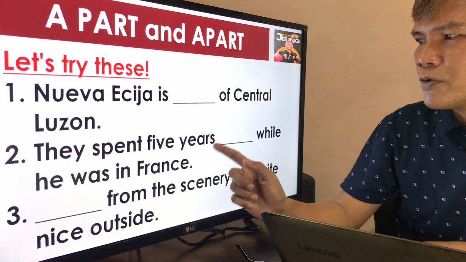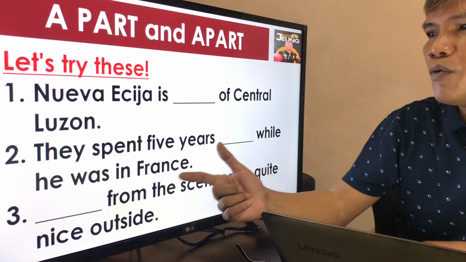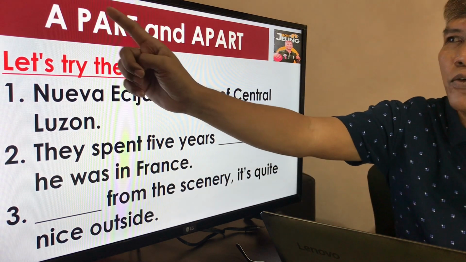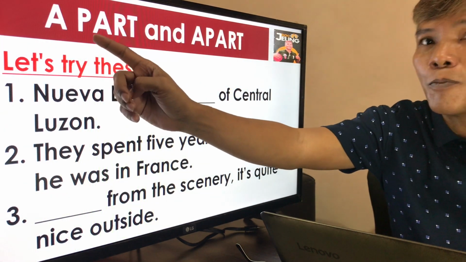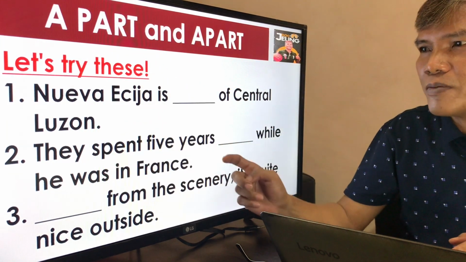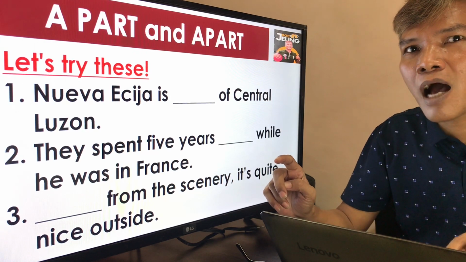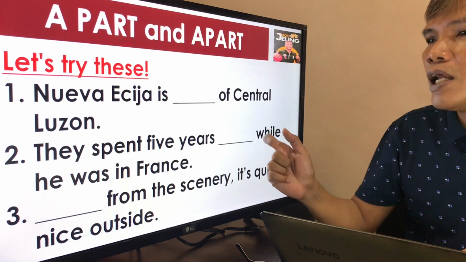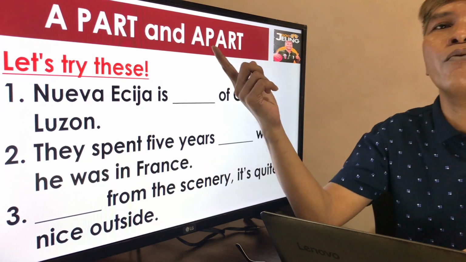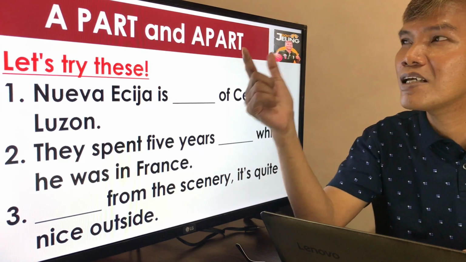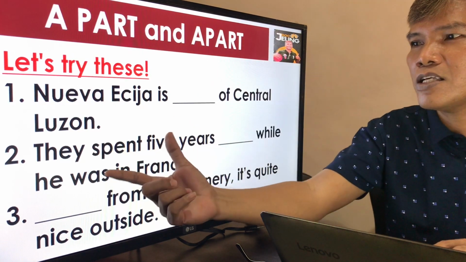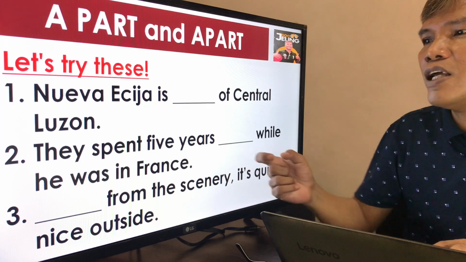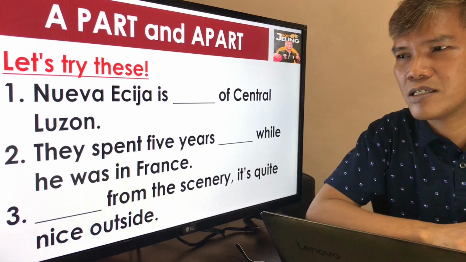They spent 5 years blank while he was in France. Here, we will not use a part because it means a portion. They spent 5 years, they spent how? For 5 years while he was in France. So we use apart because it means separately. They spent 5 years separately while he was in France.